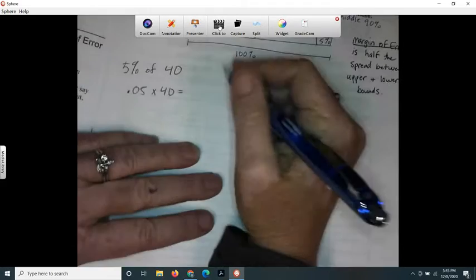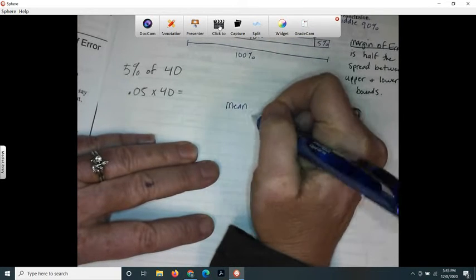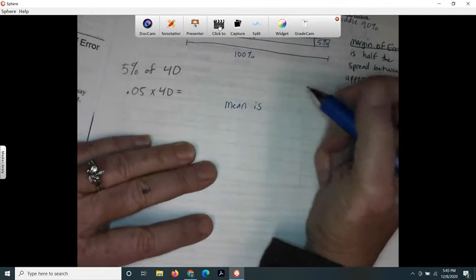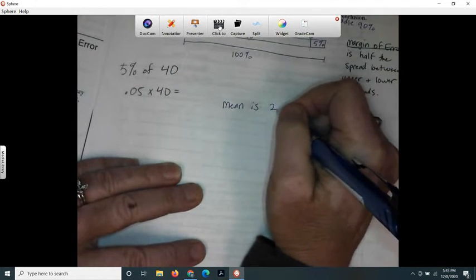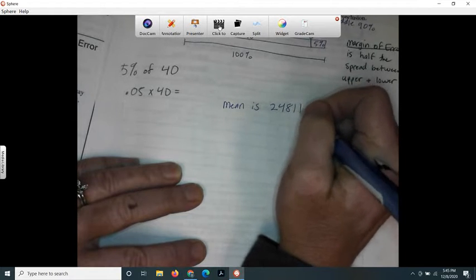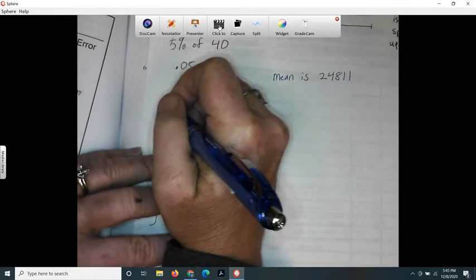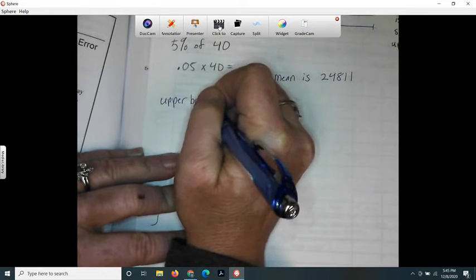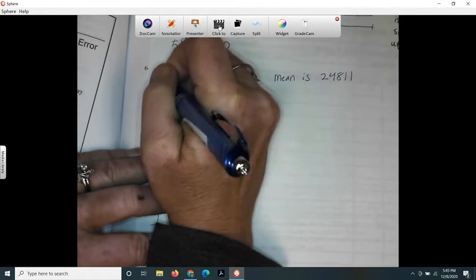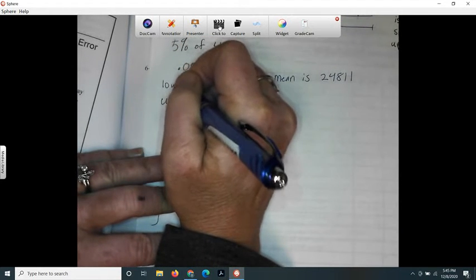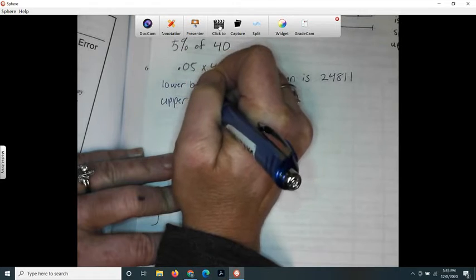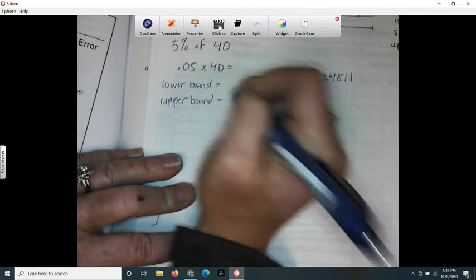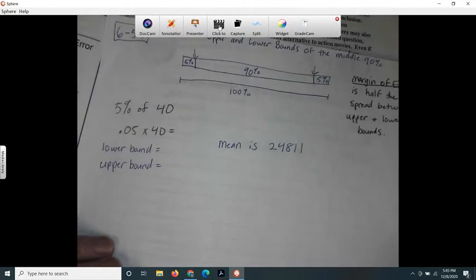So let's get something written down here. So we've got the mean is, and then I'll say upper bound, and lower, I'll put the lower bound first. So we already said what the upper and lower bound were.